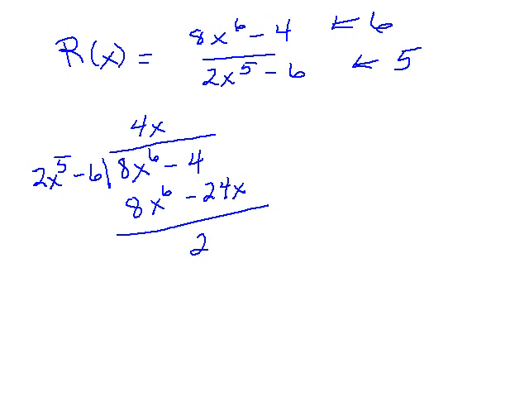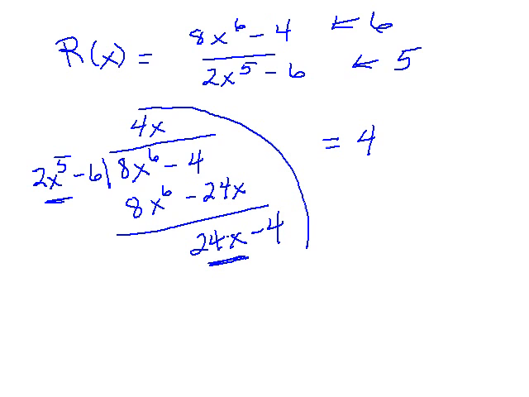Now I'm going to subtract, so I'd have 24x minus 4 as my remainder, and I'm done because this degree is less than the degree of the divisor, so I stop. So I would write this function as 4x plus 24x minus 4 divided by 2x to the 5th minus 6.